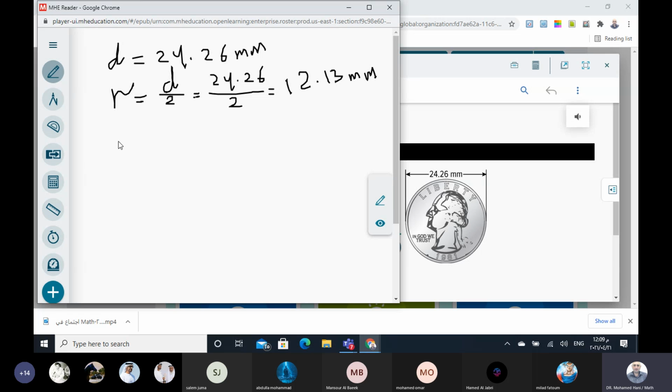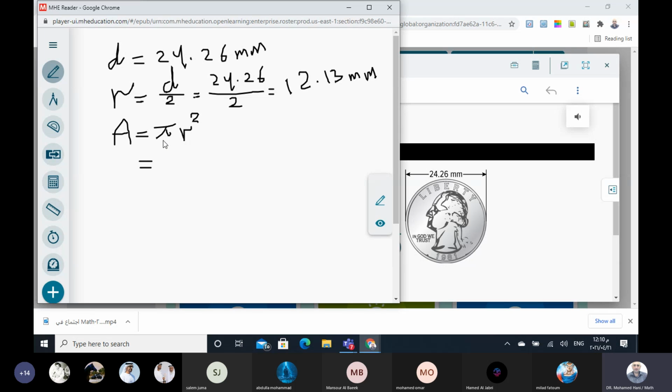Now start from the formula. Mister, what about the pi here inside the formula? A equals pi times r squared.